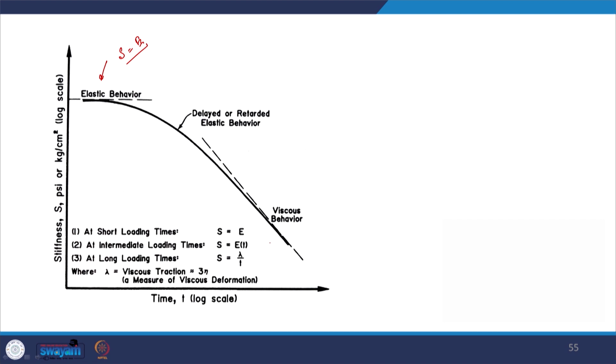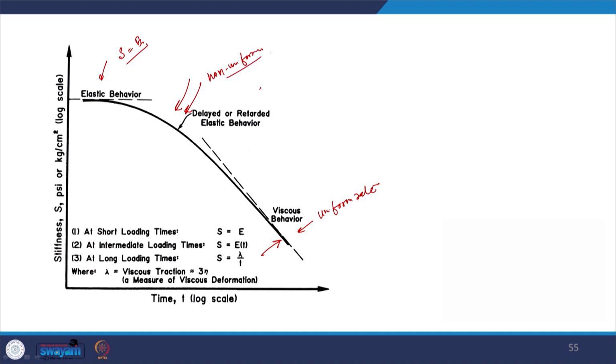If you see at longer loading times, here the stiffness reduces, but at a uniform rate, and the response is mostly viscous in nature. At the intermediate time range, the response is mostly delayed elastic in nature, and here the variation of stiffness is non-uniform with the increase in time.